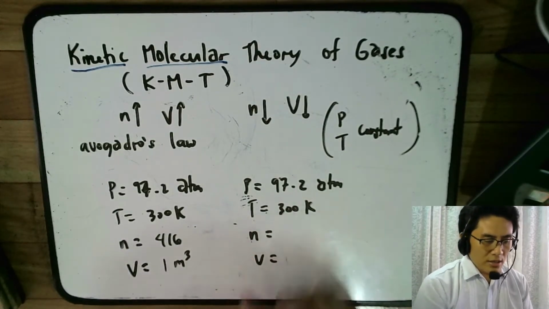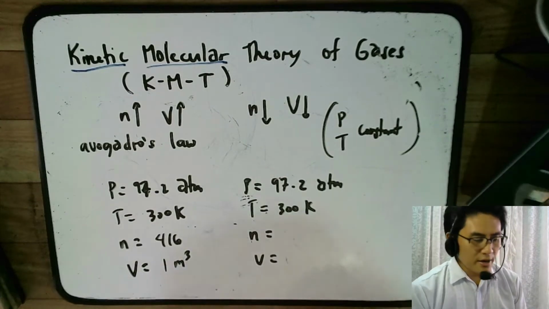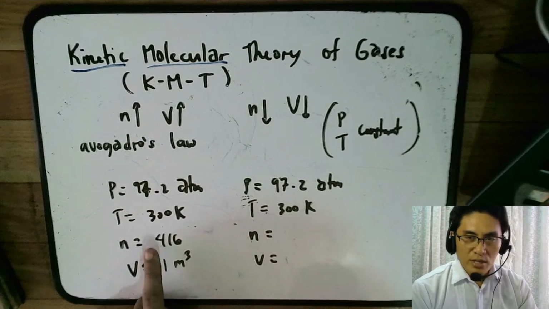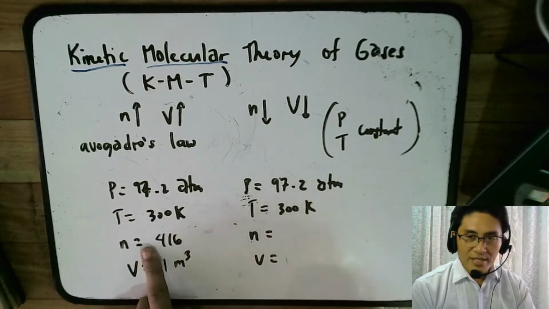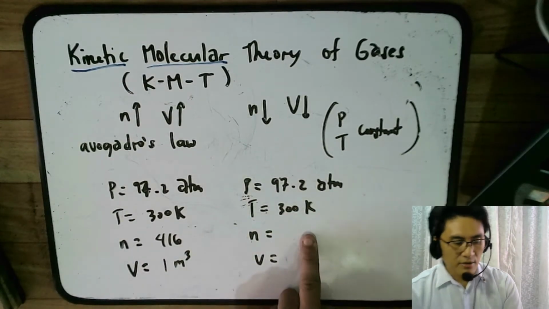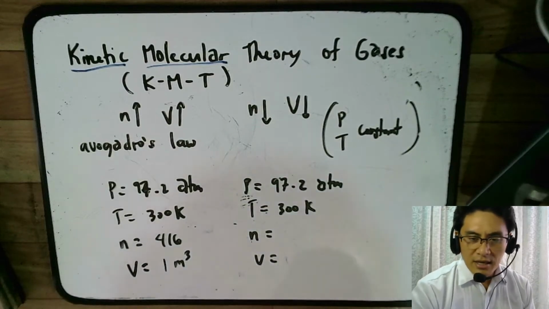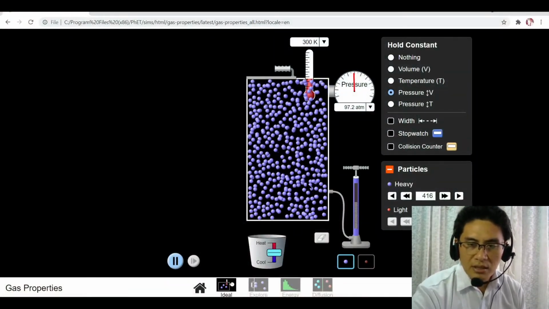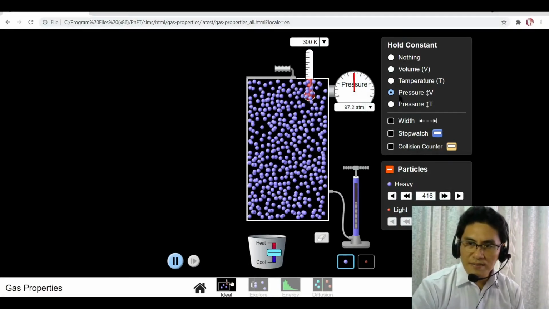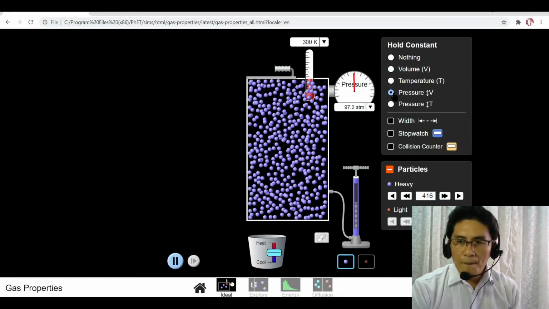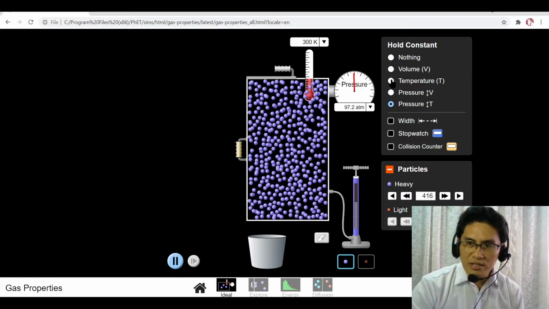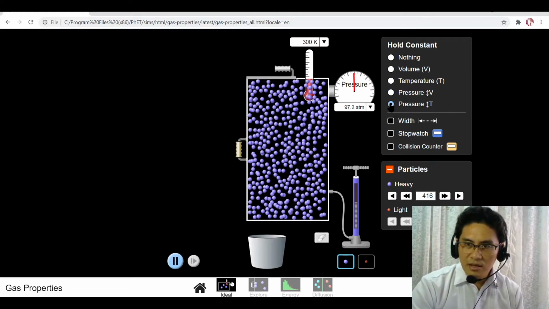The idea here is we keep the pressure the same, keep the temperature the same, and only change the number of particles. The only thing is, in my animation, I can keep the pressure constant, but I cannot keep the temperature constant at the same time. I have to choose.